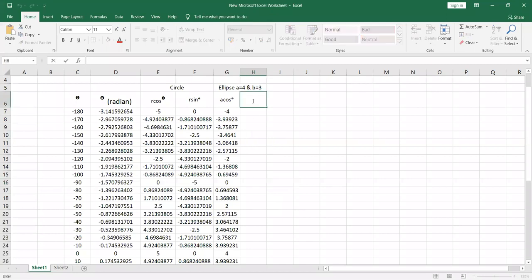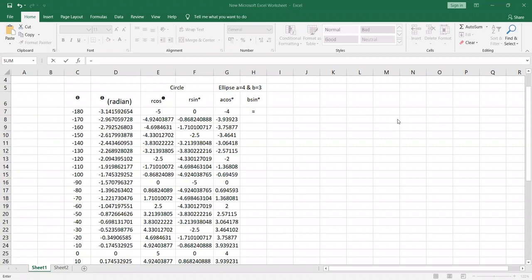Then next we have to choose the next data, that is b sine theta. In this case b is 3. So which function will we use? Who will tell me about this? Is equal to 3 star, in bracket, sine.